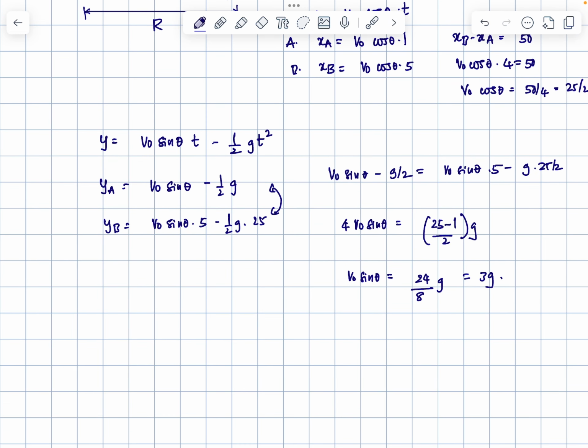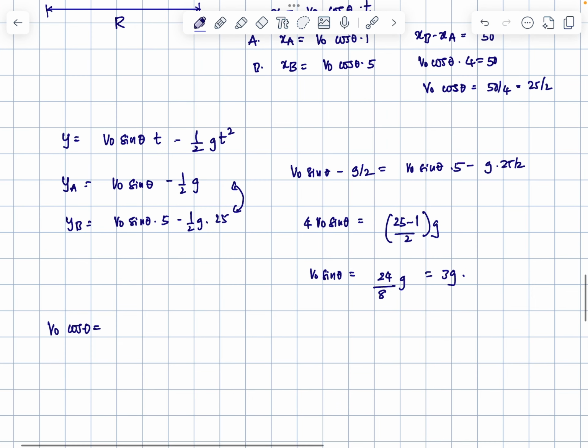Again, we have v0 cosine theta equals 25 divided by 2, and v0 sine theta is 3g.